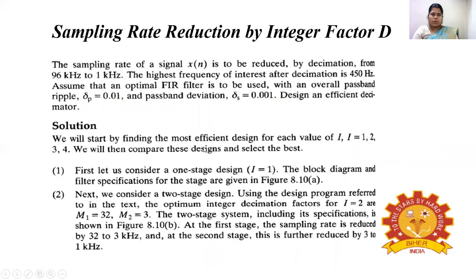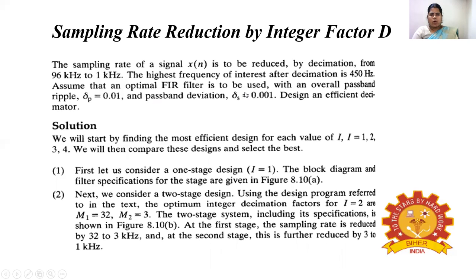This is a problem for sampling rate reduction by integer factor D. The sampling rate of a signal x of n is to be reduced by decimation from 96 kHz to 1 kHz. The highest frequency of interest after decimation is 450 Hz.